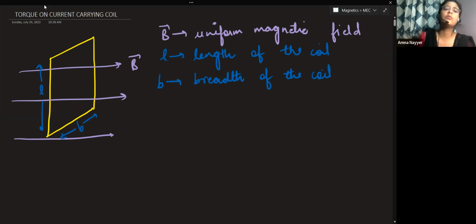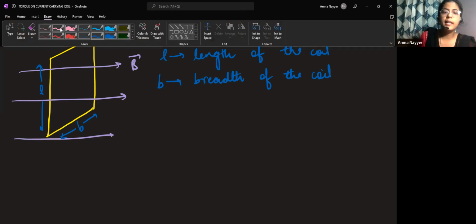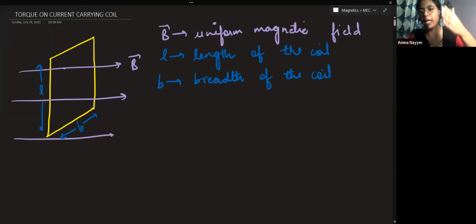All right, now one more thing. Let me take the angle. See, plane of the coil like this. Let's say this is the rectangular coil. Fine. So this is the direction of magnetic field that I have taken. Magnetic field is pointing where? Towards the right. By looking at the diagram, you can conclude the same thing. So if magnetic field is towards the right and the coil is placed like this, I am taking this as theta. Do you understand?